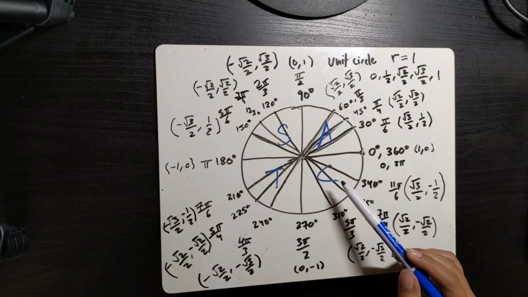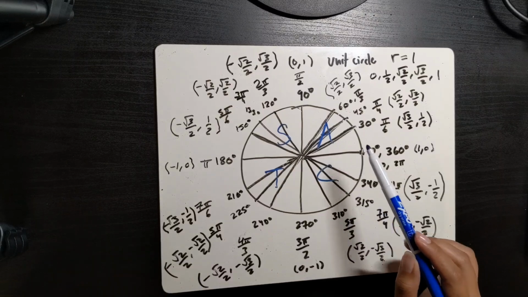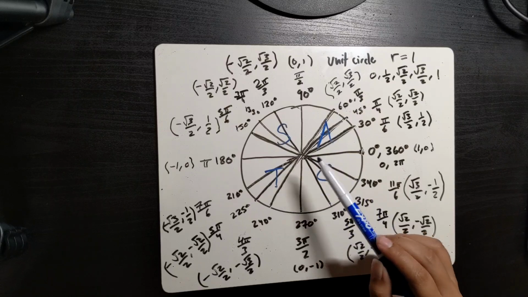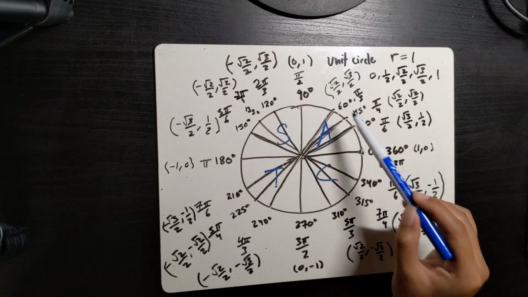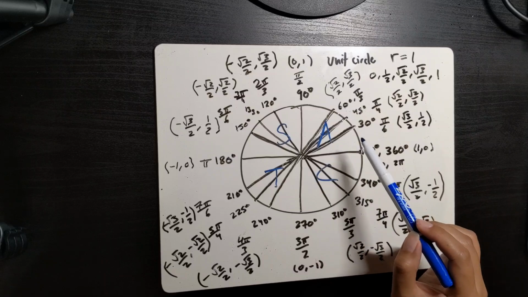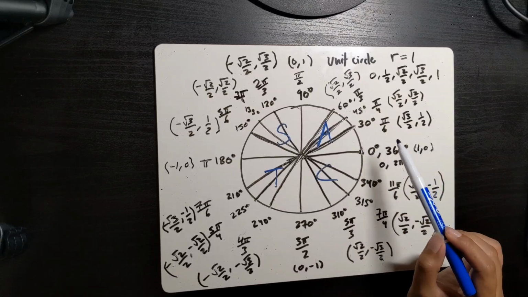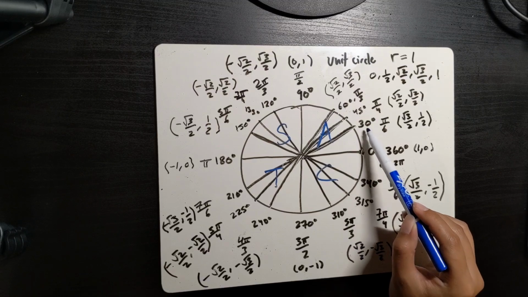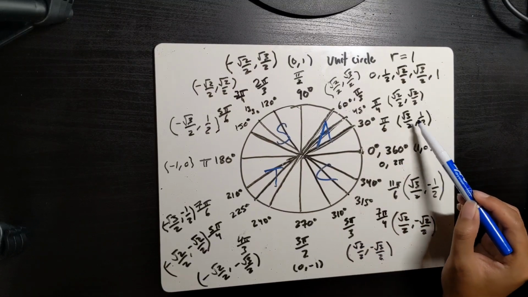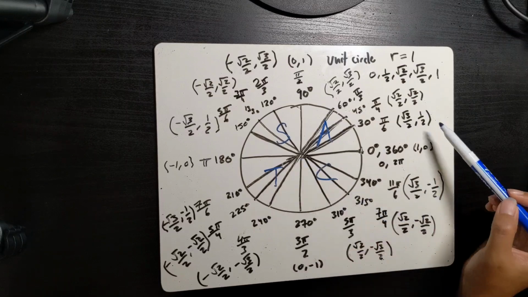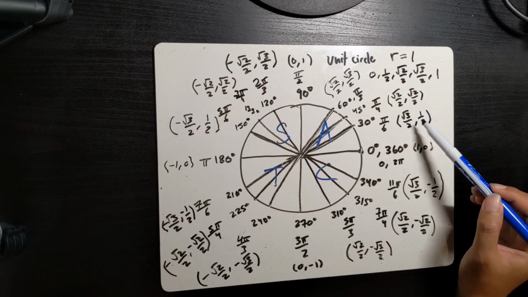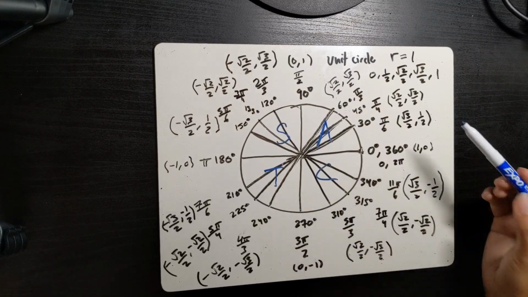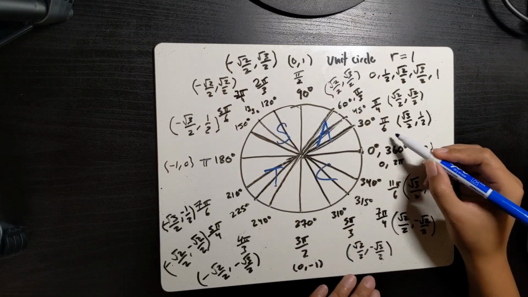What I mean is, for example, in the first quadrant, if you do a sine, a tangent, or a cosine of any degrees in the first quadrant, you'll arrive at a positive value. For example, if you were to do cosine 30, you would have gotten square root 3 over 2. If you do a sine 30, you would have gotten a value of 1/2.